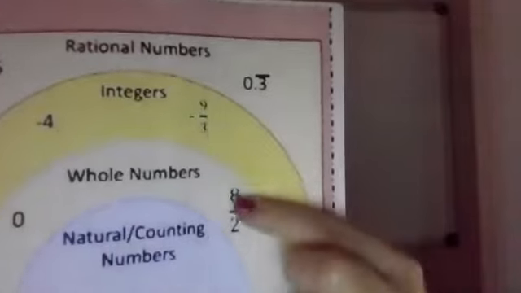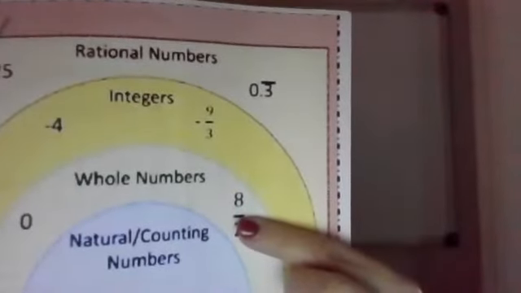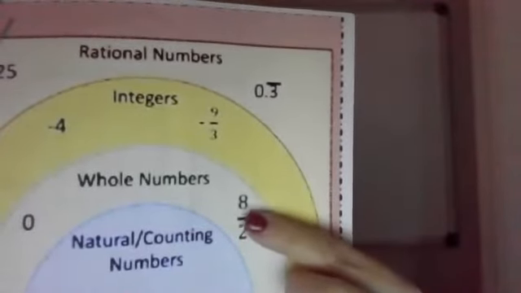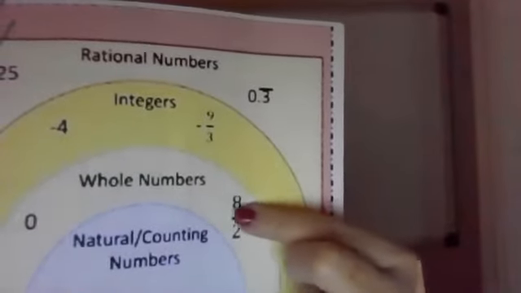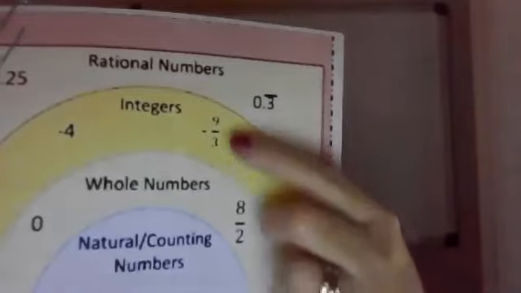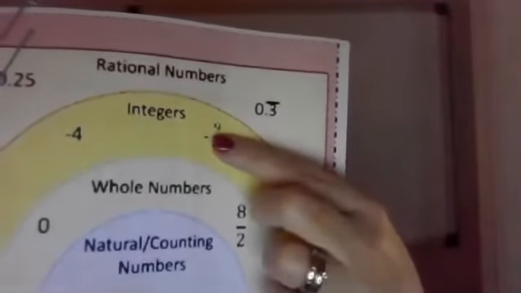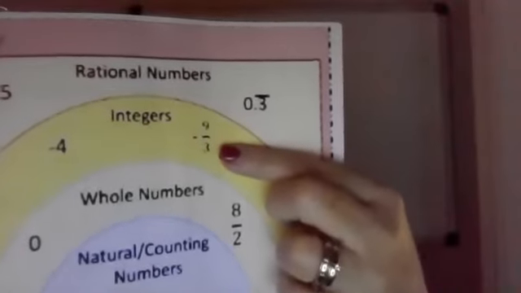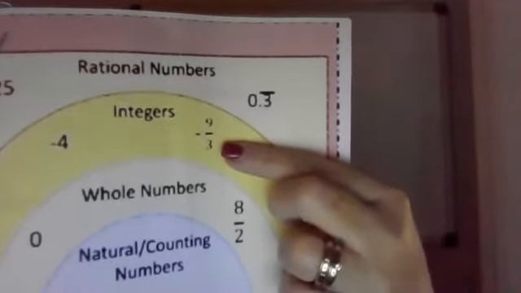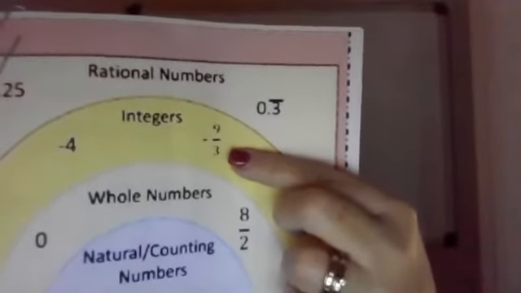So do you understand why it's showing a fraction, but they're really not fractions when it comes to type of numbers? If it simplifies to a whole number, then it is a whole number. If it simplifies to a whole number, positive or negative, it's an integer. Everybody fine with that clarification? Yes, ma'am. Okay, good. I didn't want there to be any confusion.